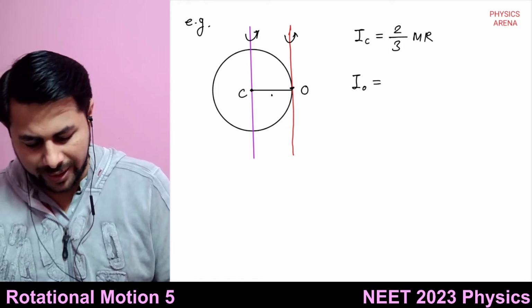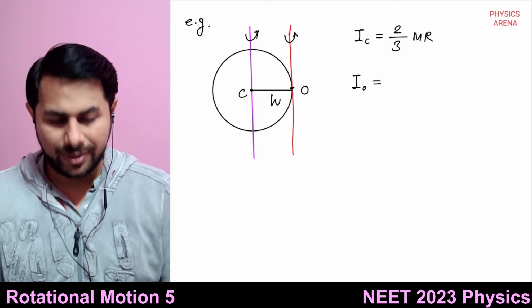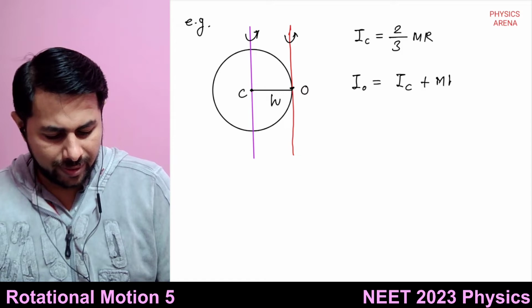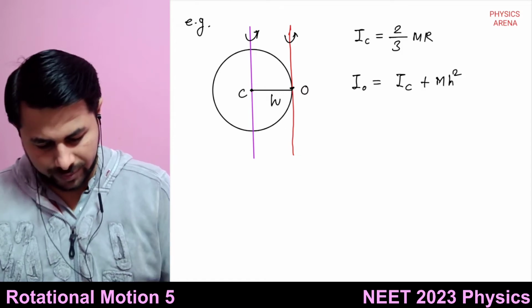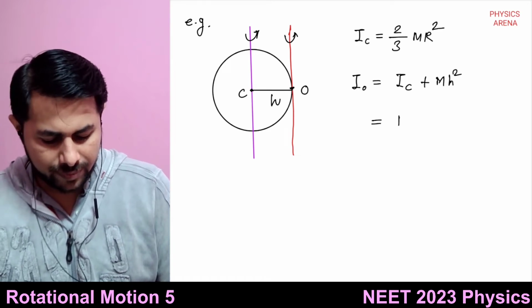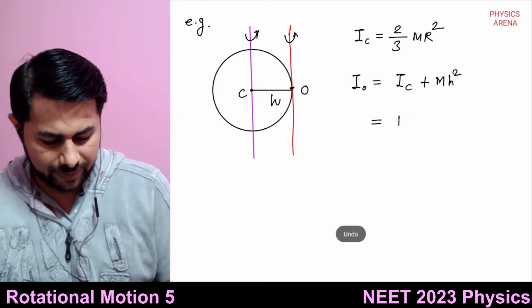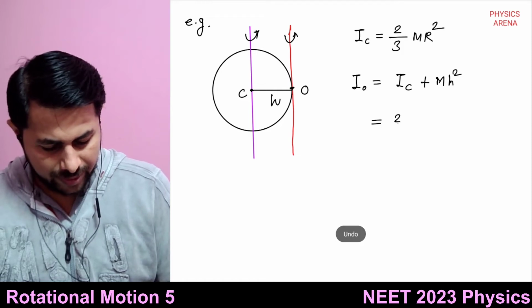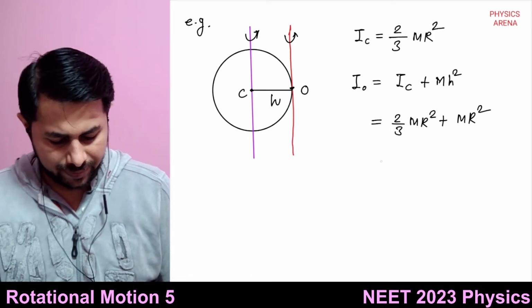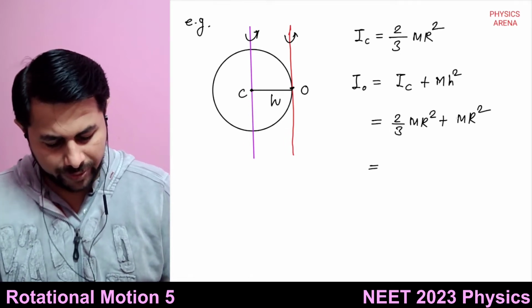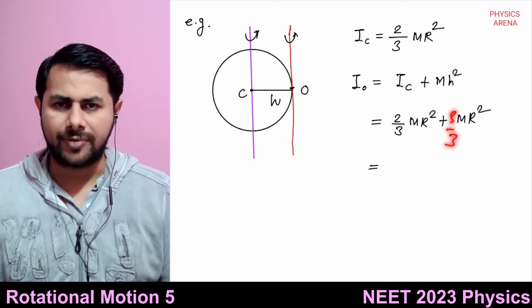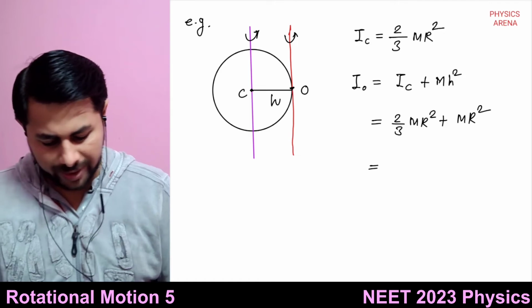What is the distance between these two axes? It's equal to r. So it is IC plus m into h square, equal to 2 by 3 mr square plus mr square. You can say 2 by 3 mr square plus 3 by 3 mr square, which is 5 by 3 mr square.